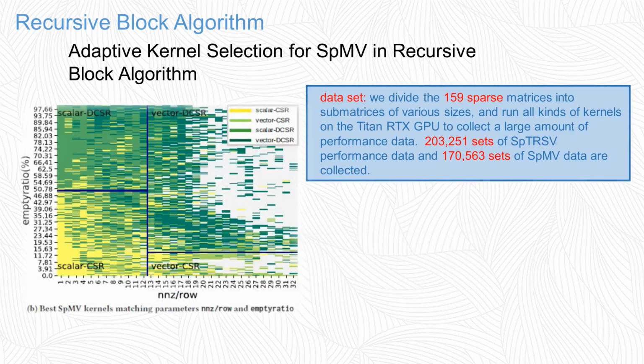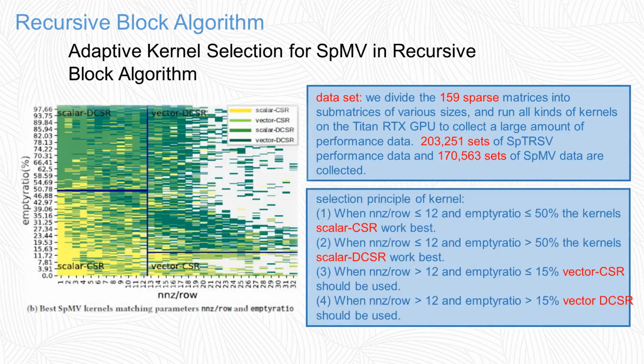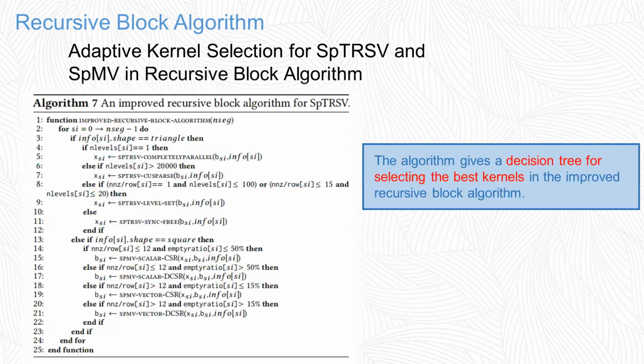We can find the selection principle of the SpMV kernel from Figure B. The algorithm gives a decision tree for selecting the best kernel in the improved recursive block algorithm.